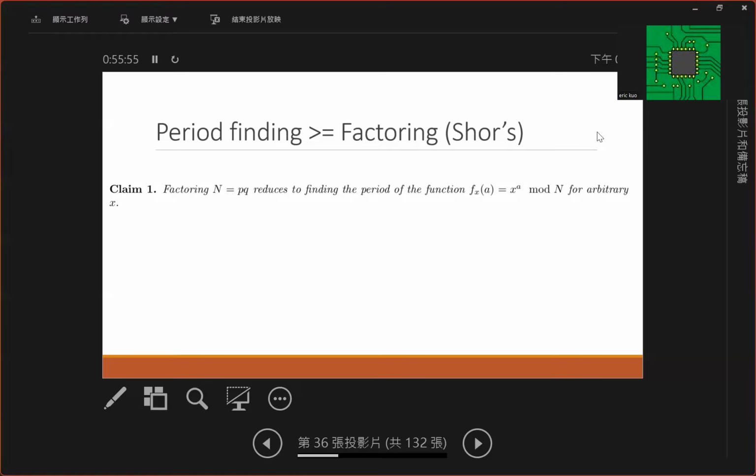Why? The question is: as I define this, I fix X and view it as a function of A. So I define f_X(a) as X to the A mod N. This guy is a periodic function.